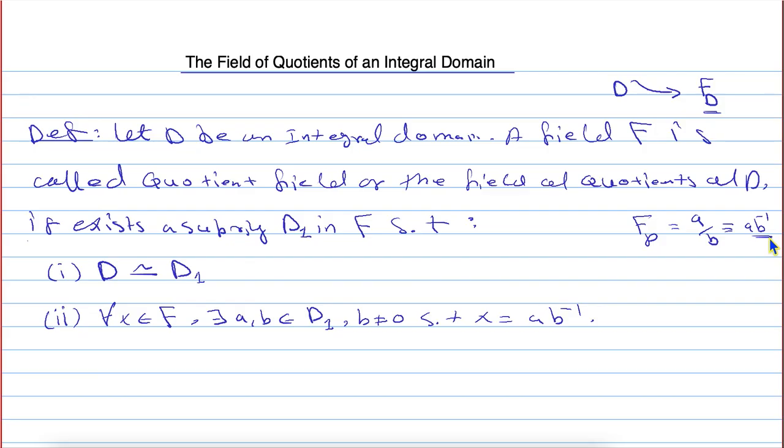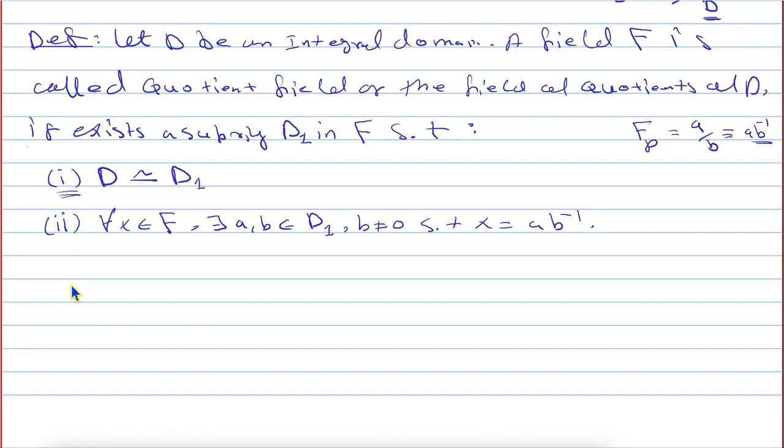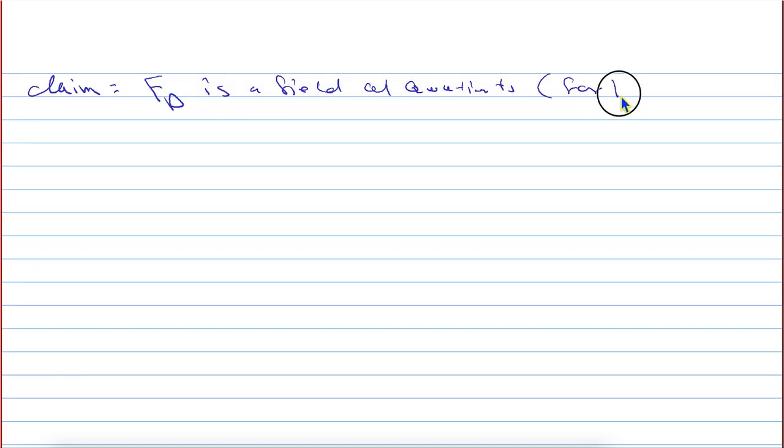Now, first what we are going to prove is that the construction we did for F sub D obeys these two conditions, and therefore F sub D itself qualifies as a field of quotients. So let's do this claim. F sub D is a field of quotients for D, of course.